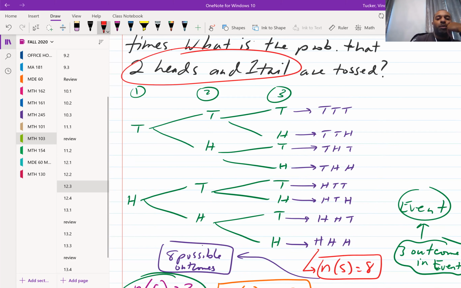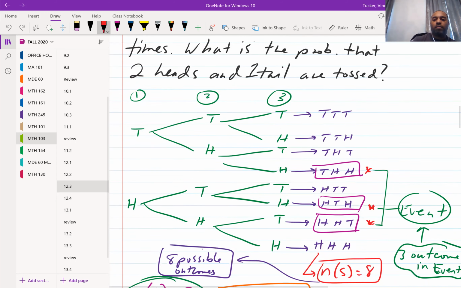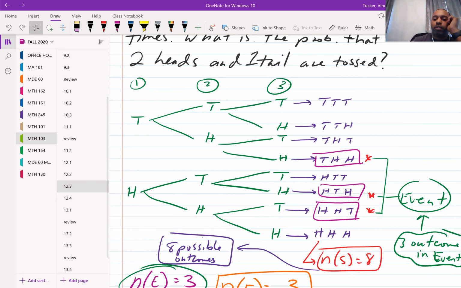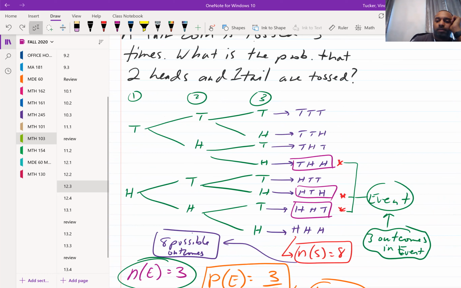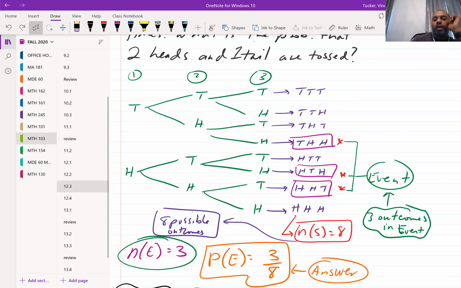So out of the sample space, you would go back and examine, okay, where do I see 2 heads and 1 tail? And that's right here in these 3 spots. And since there are 3 outcomes for this event, you'll take that 3 and place it over the 8, and that will be the probability.